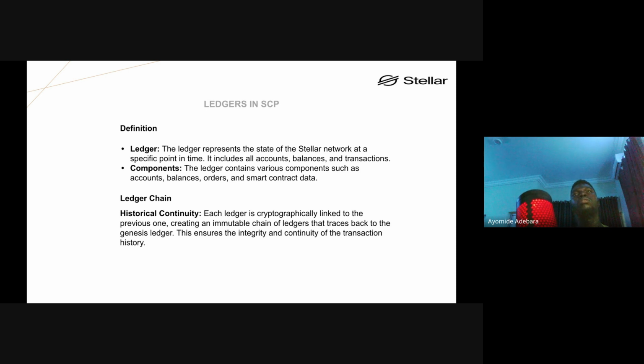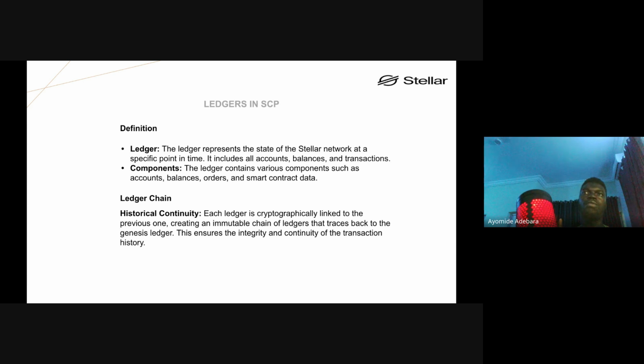Now, I went on to talk about the ledger chain and how it becomes a chain, which is where the word blockchain was coined from. It talks about the historical continuity of these ledgers. These ledgers are continued through a cryptographic hash that links the previous one to the next one.